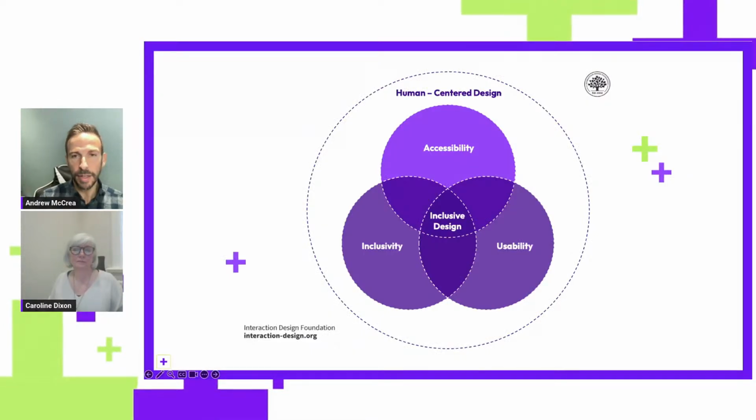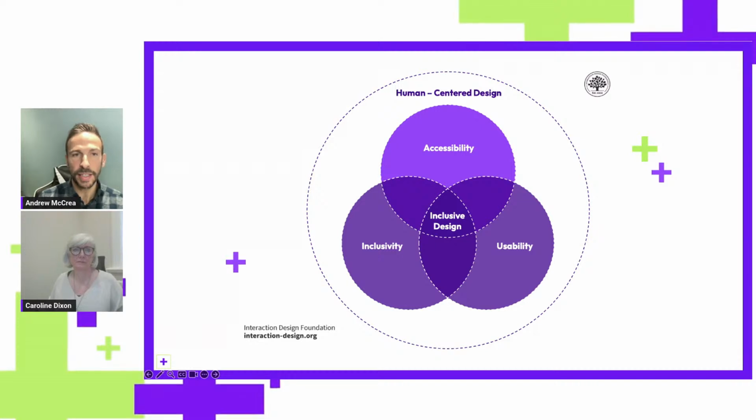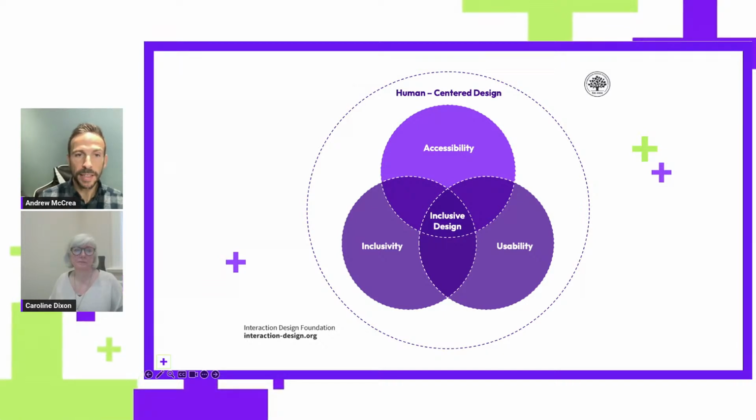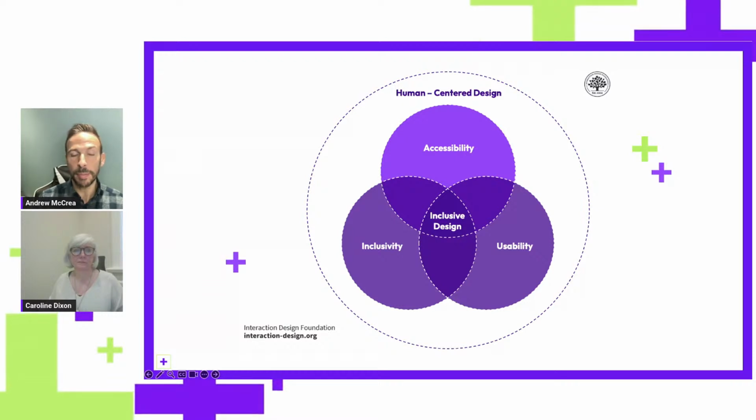This diagram is an interesting way to look at this idea of inclusive design, because it fits within the whole human-centered design or user-centered design landscape. It's that mix between making it accessible, as in people can actually reach it. It crosses the line of usability, because without usability, it's not much use if you can just reach something.